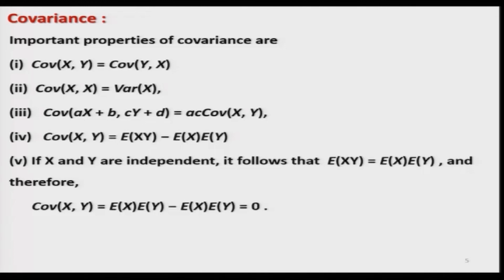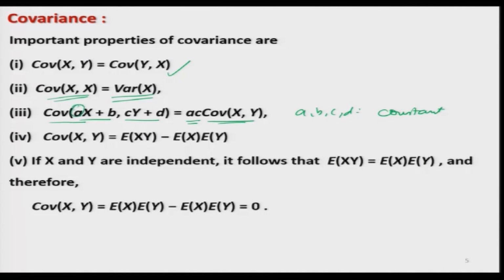Okay. Now, there are some important properties that you have to keep in mind: covariance between x and y is the same as covariance between y and x, and covariance between x and x is nothing but the variance of x. And if you try to find the covariance between ax plus b and cy plus d, where a, b, c, d are constants, then this is the same as a into c into covariance between x and y.